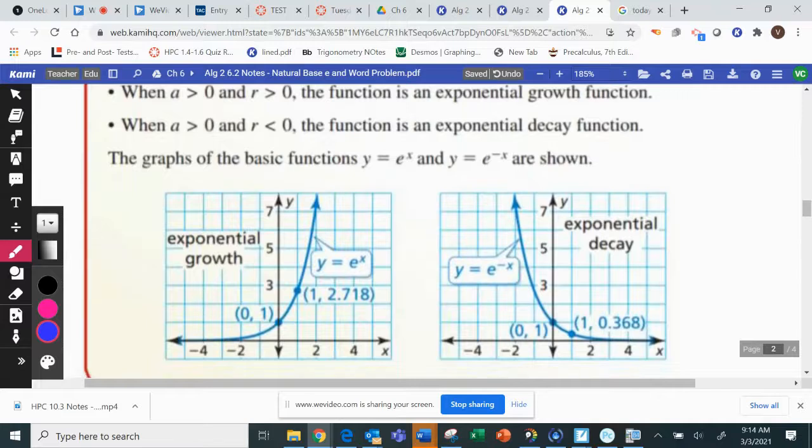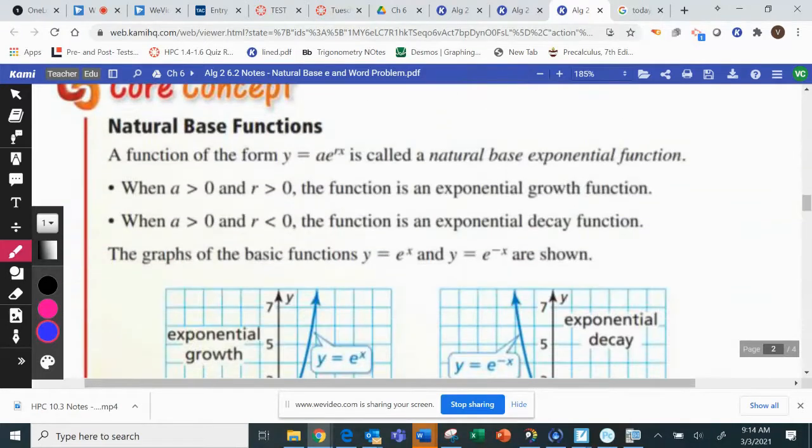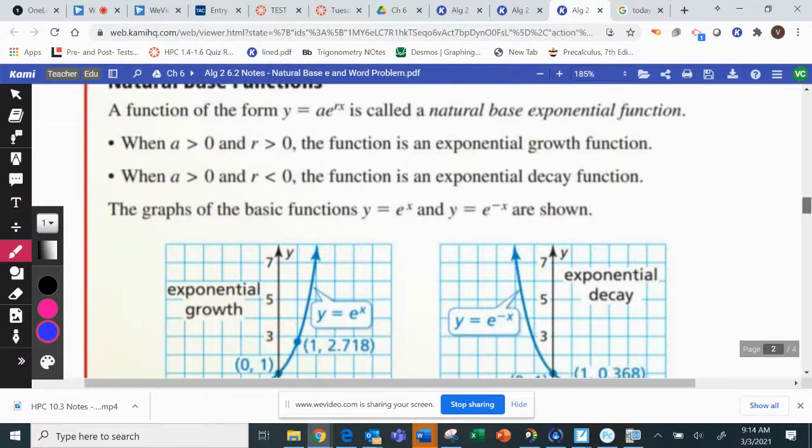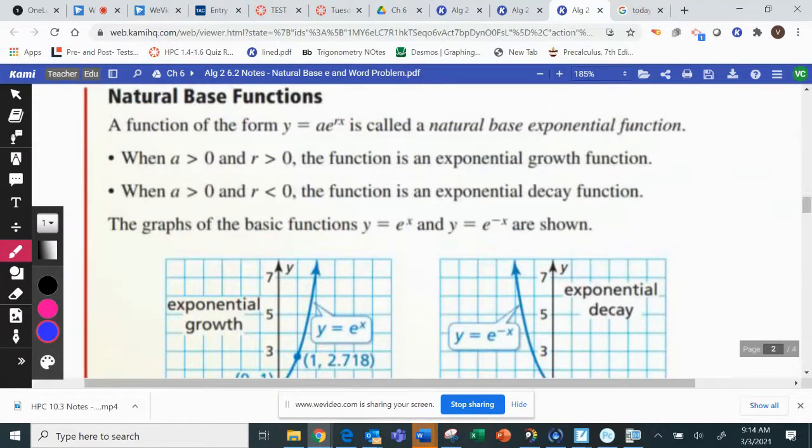So e can have exponential growth and it can have exponential decay, just like the other graphs that you guys did last class. Sorry, I cannot make this stay in the right place. Here we go. Here's an equation right here.